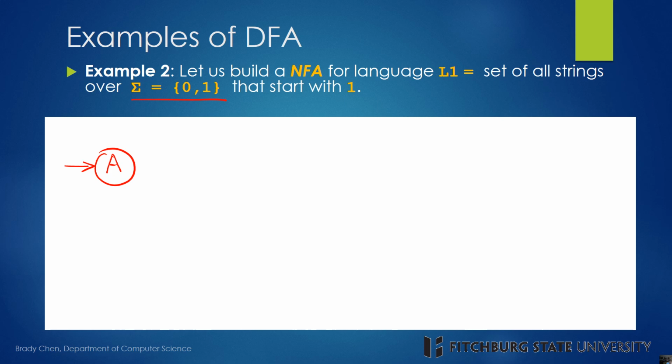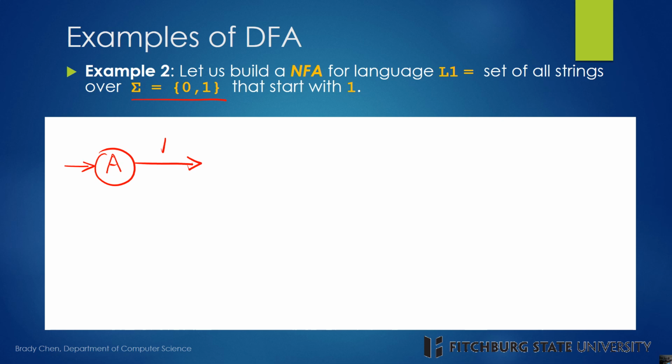Then if the input is 1, that means you actually start with input 1. So no matter what the input after this is, the string is going to be accepted, right?